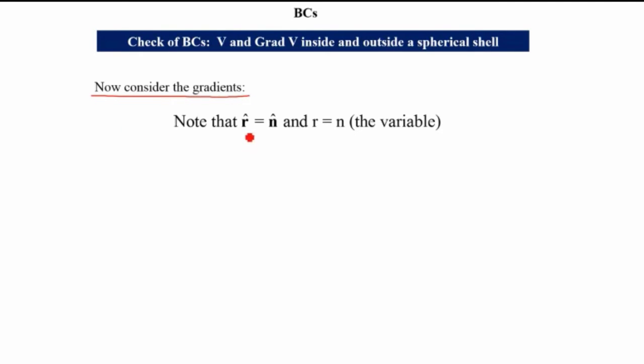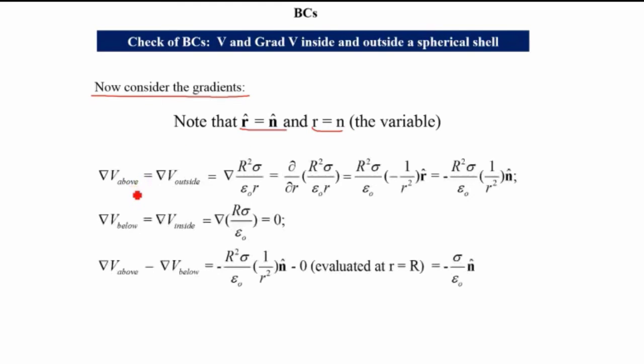And just remember that r hat is equal to n hat, and r is n, where this is the variable perpendicular to the surface. We're calling outside above and inside below. Take the expression we had for the potential above, and so we're taking the gradient of this quantity here, which is what we had for that potential.